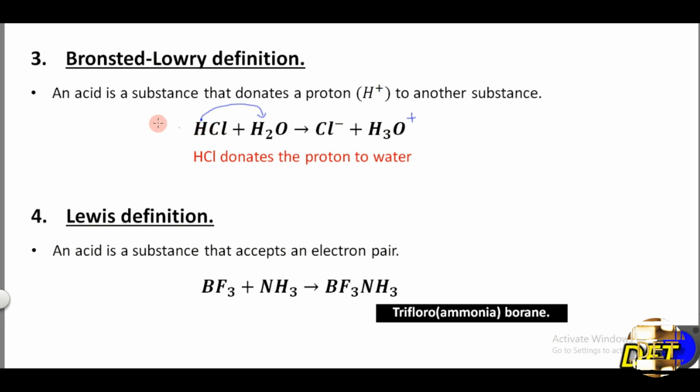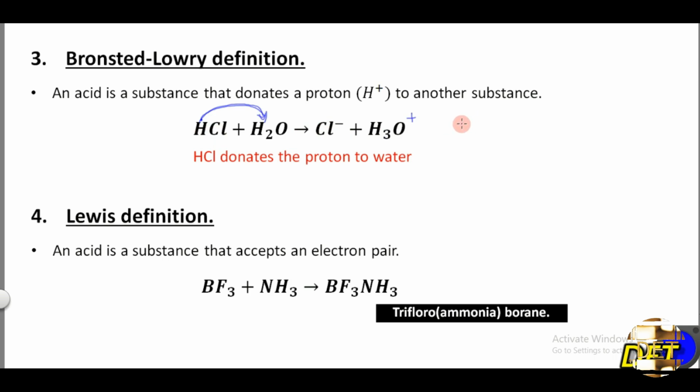So an acid, according to Bronsted and Lowry's definition, is a substance that donates a proton, which is hydrogen ion, to another substance. So this hydrochloric acid is donating hydrogen to this water to form hydronium ion, and chloride ion will be formed.